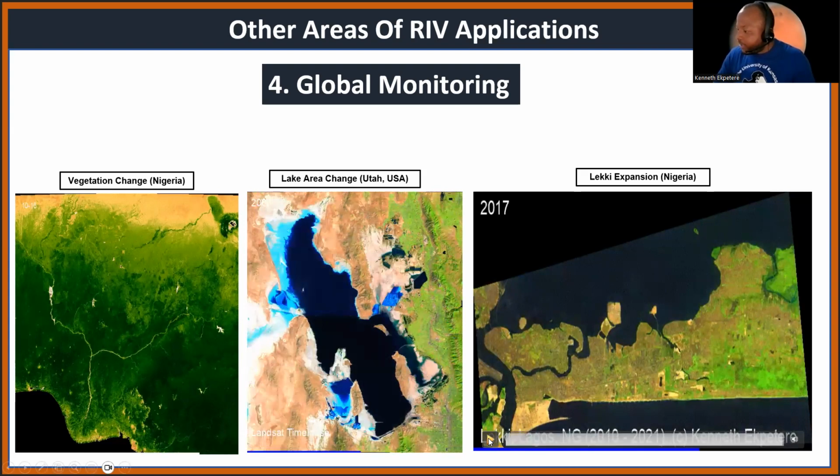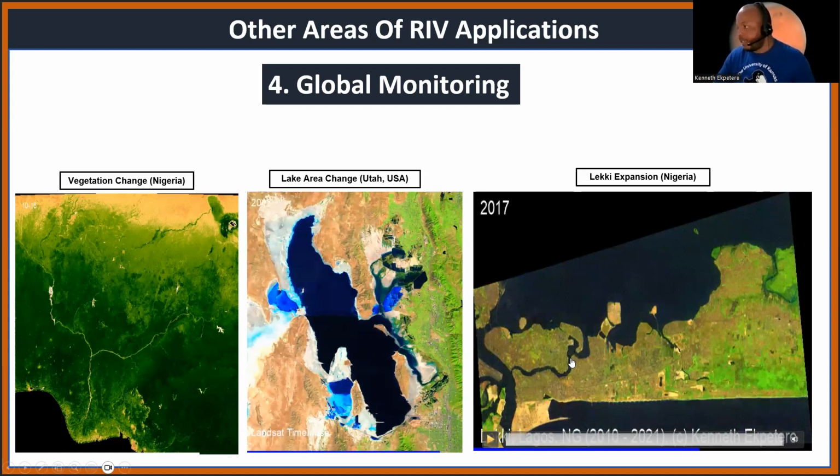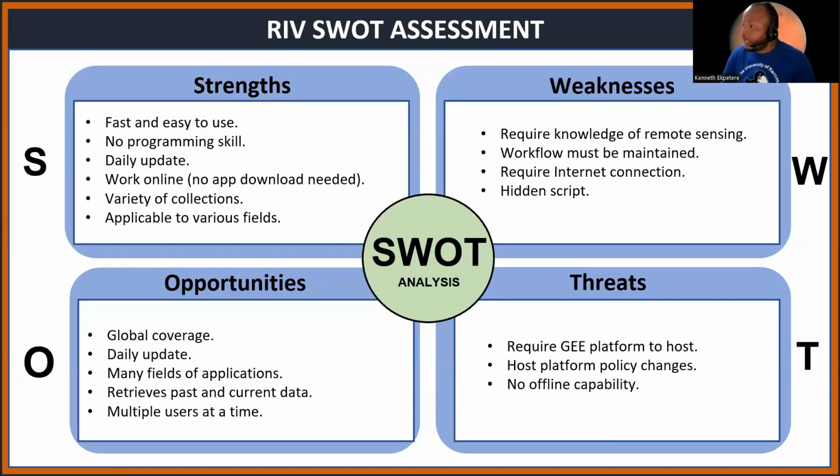Also, the third one here is the Lekki expansion in Nigeria. We see how they're creating land from nowhere, dredging the rivers and using that to build, to expand the area. So if we put those images together, we can see those changes, those expansions in those areas. And this is really interesting because it helps us plan very well and know how those environments are changing.